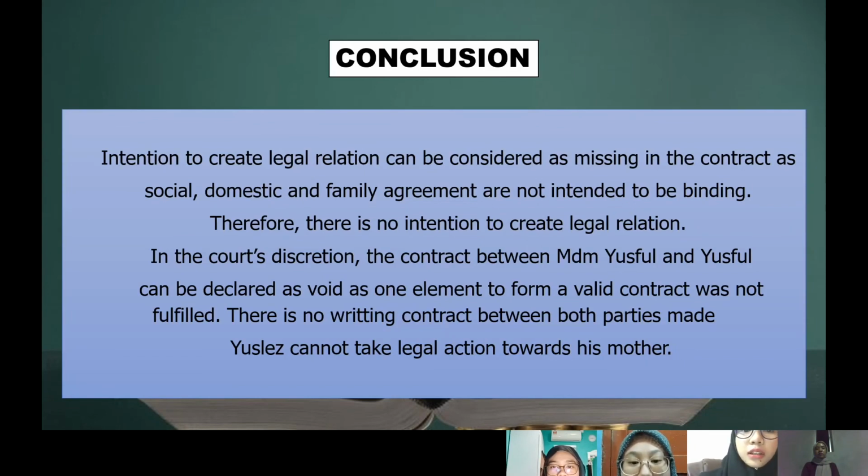So, in the court's discretion, the contract between Madam Useful and Useless can be declared void as one element to form a valid contract was not fulfilled. There is no written contract between both parties, so Useless cannot take legal action against his mother, Madam Useful.